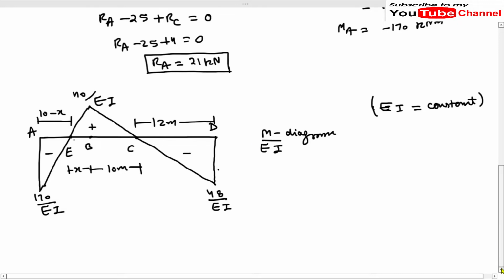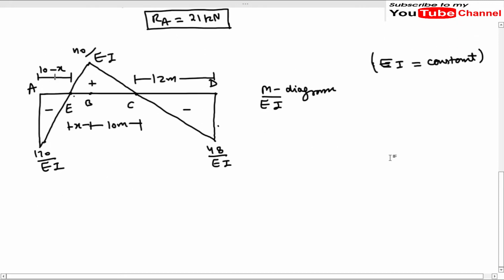Now we can use the property of similar triangles. From similar triangles we will have this ordinate 170 divided by EI, divided by 10 minus x, and on the other side we will have this ordinate 40 by EI divided by x.